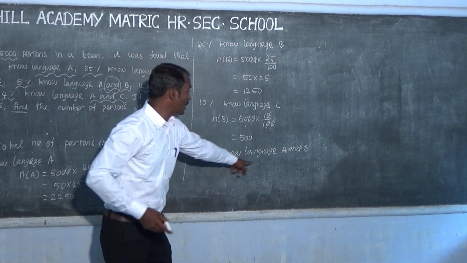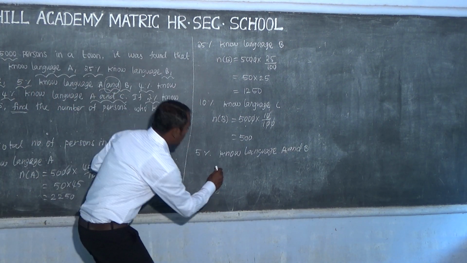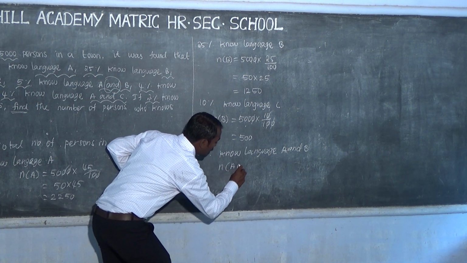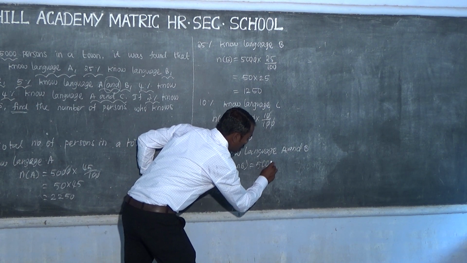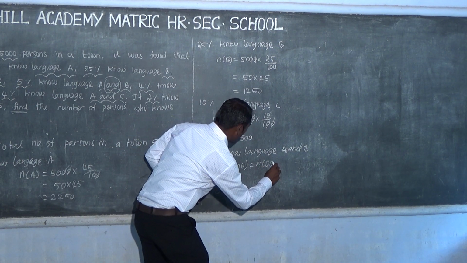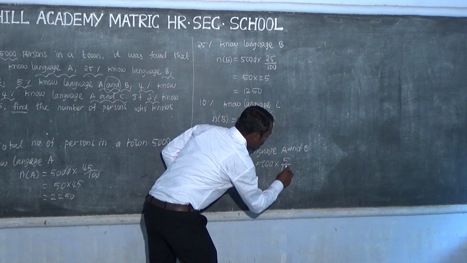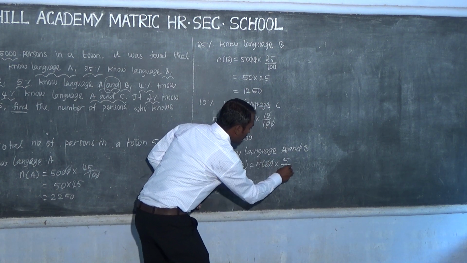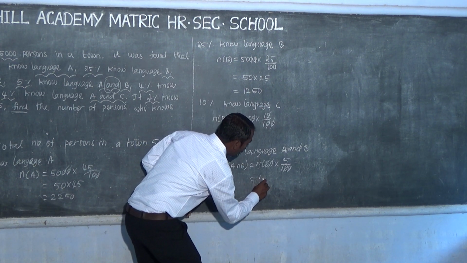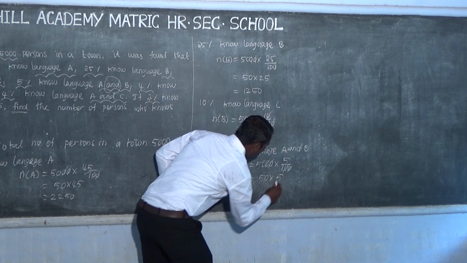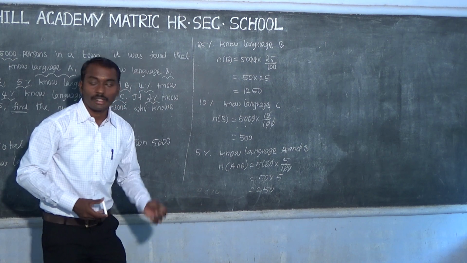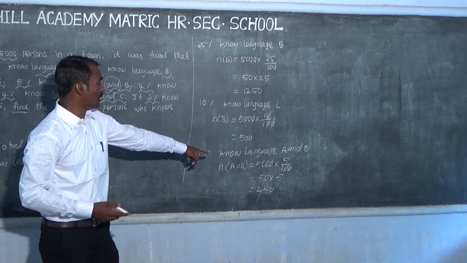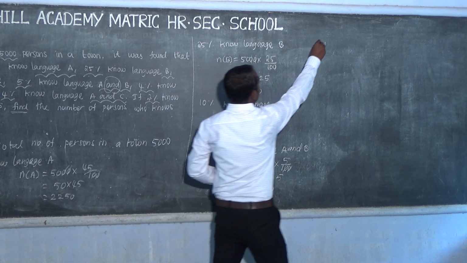That means n(A intersection B) is 5,000 into 5 by 100. If we cancel the values, 50 into 5, totally 250 members. We got 250 members for A and B.